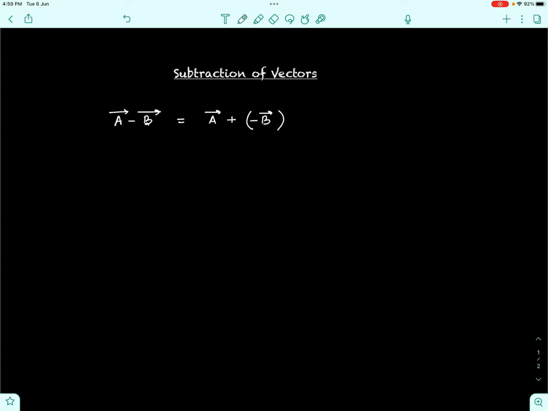Mathematically the two expressions are the same, but physically what is the meaning of this expression? Physically this expression means that we are trying to add vector A with negative of vector B. We all know now that minus vector B is nothing but negative of vector B, which is a vector which has the same magnitude as that of vector B but just pointing in the opposite direction, right?